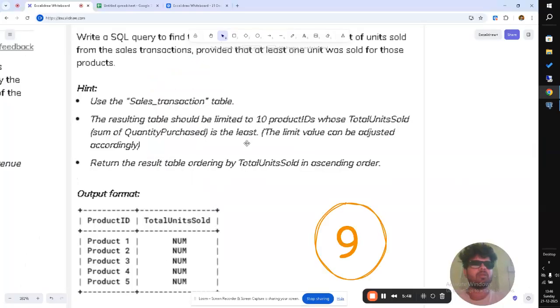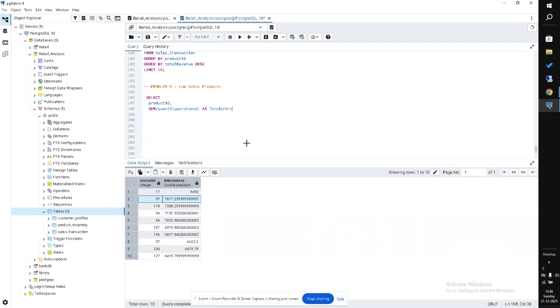from sales transactions. Okay, and group by product ID and order by total units sold, and I think here limit 10.